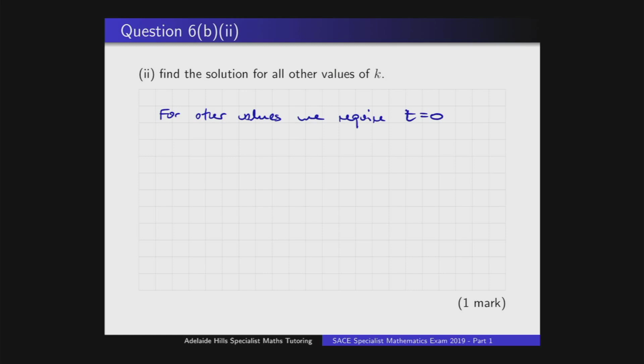And so when t equals 0, then x equals minus 5, y equals minus 22, z equals 0. It's the only solution. Okay, so that's the only solution if k doesn't equal 2. So we get a singular solution.